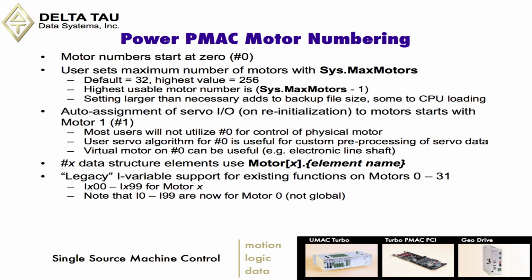So if you're trying to think of what the structure element is for a Turbo PMAC I variable that you remember, you can type it in, use the definition symbol, minus sign, greater than. Let me make these characters bigger.